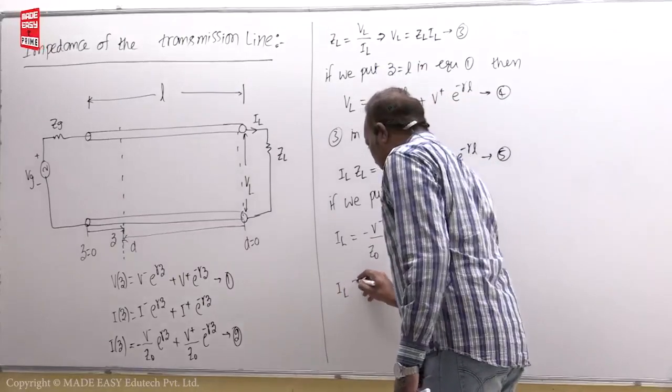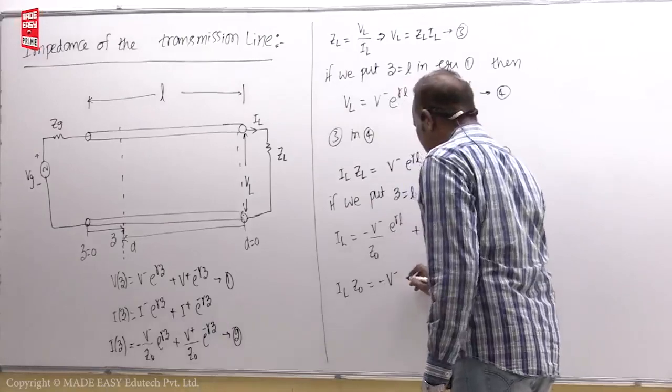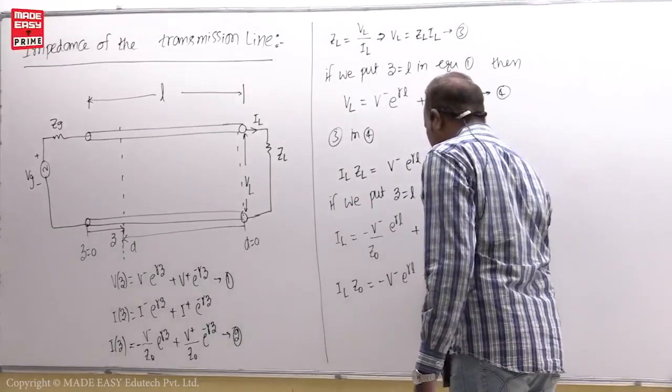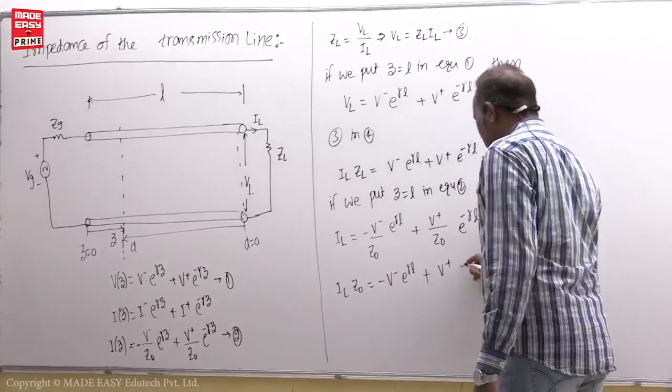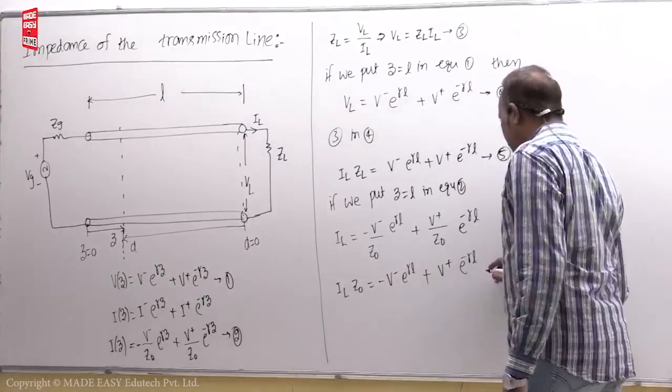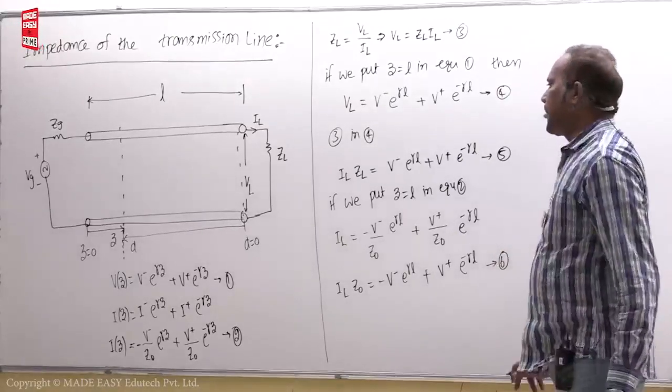Now I_L Z0 is equal to minus V minus e^(gamma L) plus V plus e^(minus gamma L), because Z0 I send to this side. This is equation number 6.